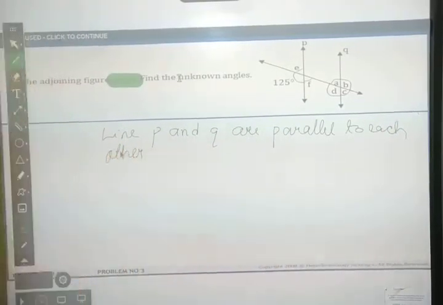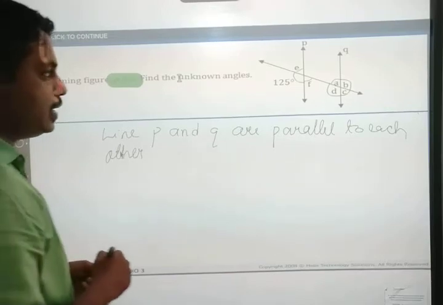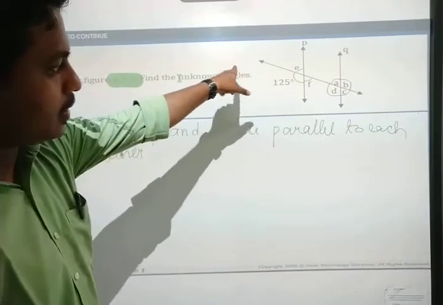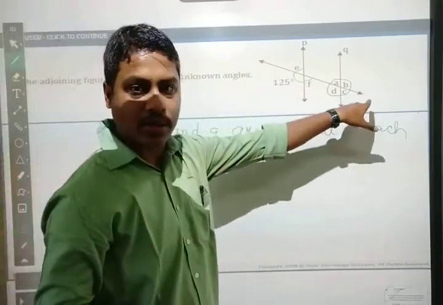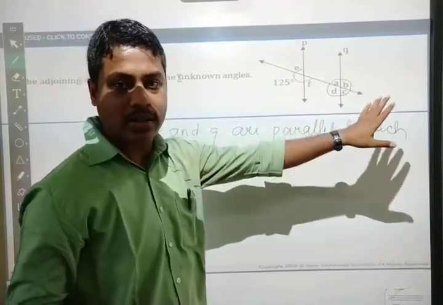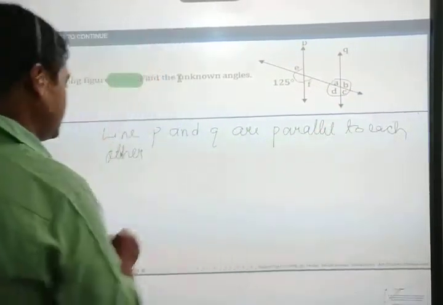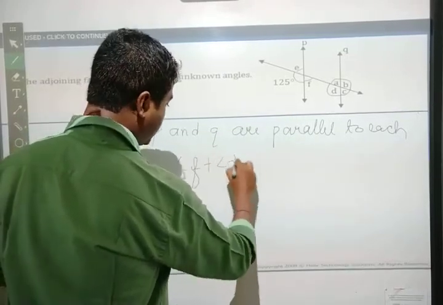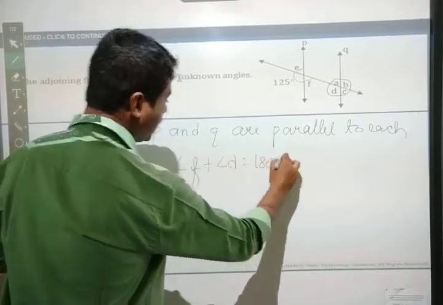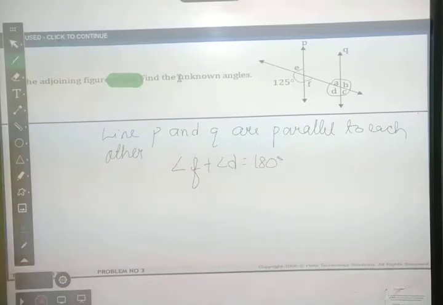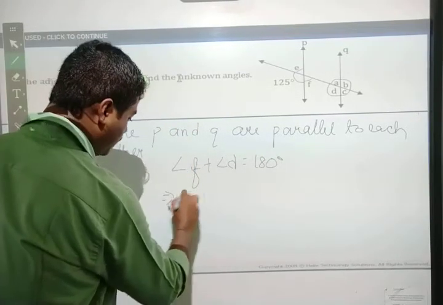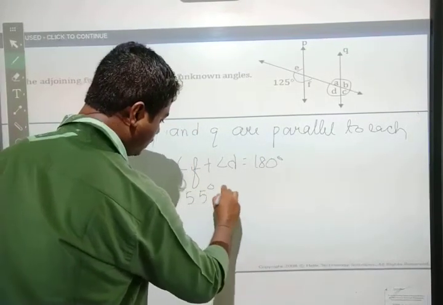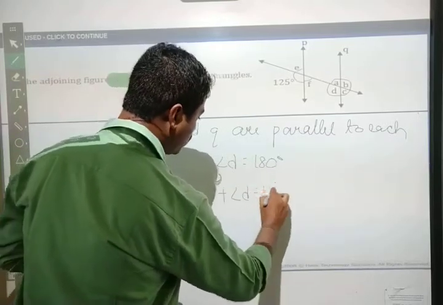Okay, if the lines P and Q are parallel to each other, and this line is a transversal, if it cuts the parallel lines, we can write that angle F plus angle D should be equal to 180 degree. So angle F we have got as 55 degree plus angle D will be equal to 180 degree.